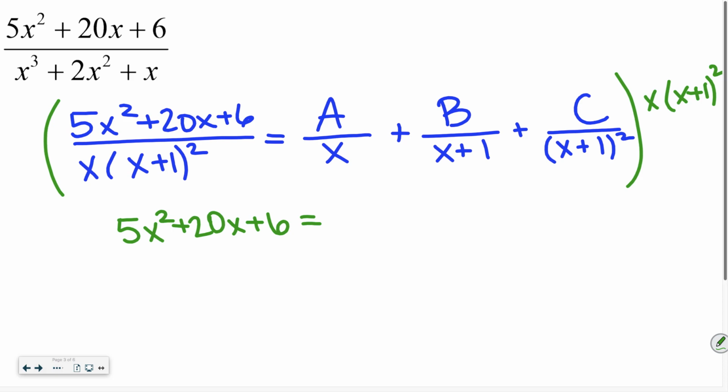If we take our LCD and we multiply it by this first fraction, what will cancel out? The x's. So we're going to be left with A times x plus 1 squared.